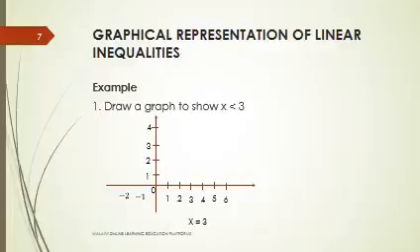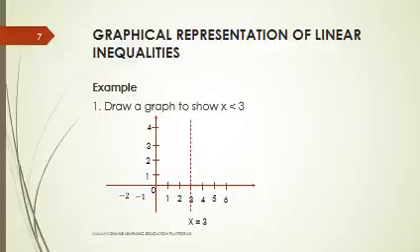So x is equal to 3 is that point. Maybe you are surprised why I have drawn that line dotted. That line is dotted just because we have a less than.